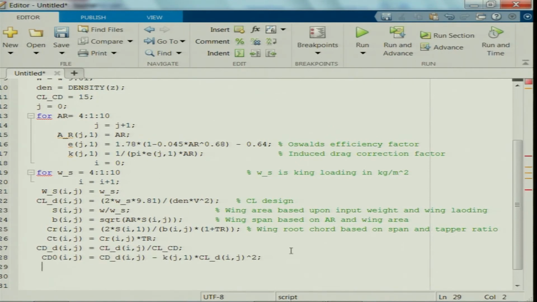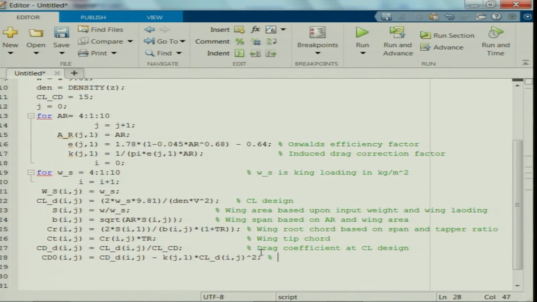This is a profile drag and this is wing tip chord. So, drag coefficient at CL design.